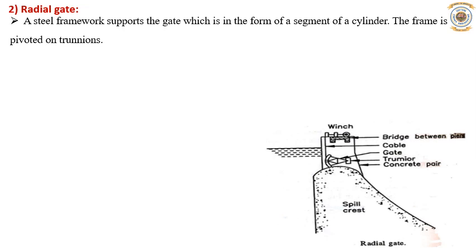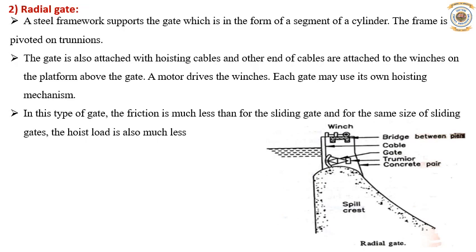So it is made of a strong steel cylindrical segment supported in a steel frame that is mounted on a set of trunnions. The drum segment faces the water side, and is operated by hoisting cables connected at the top.